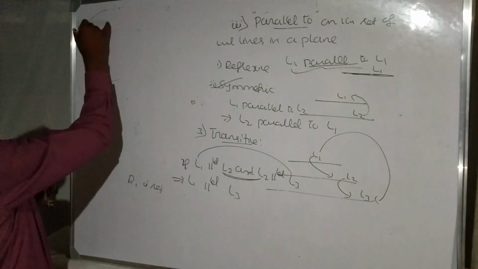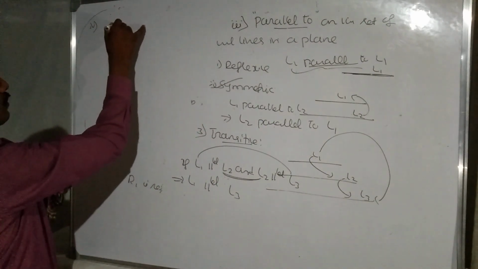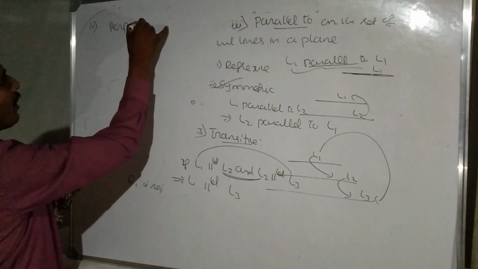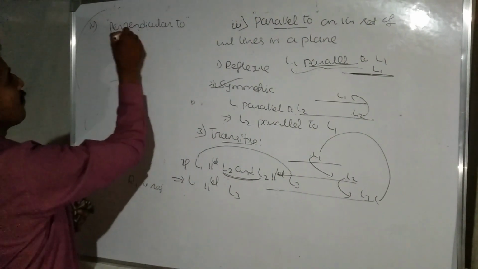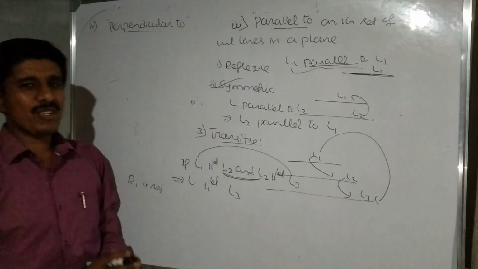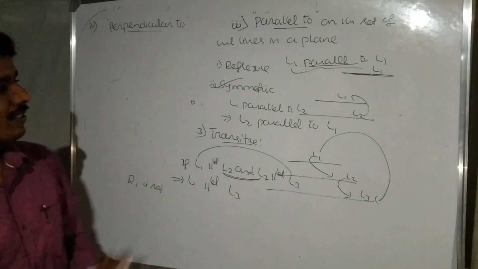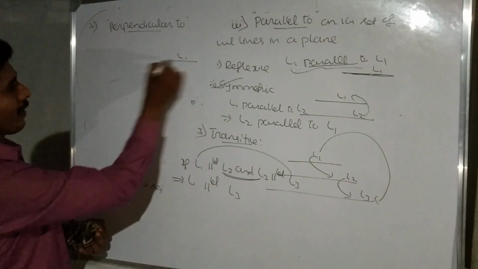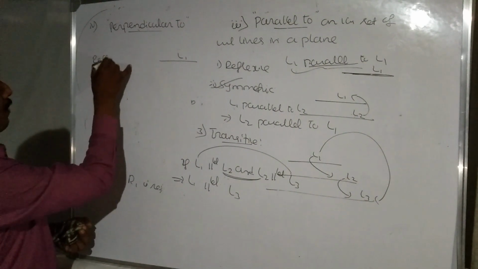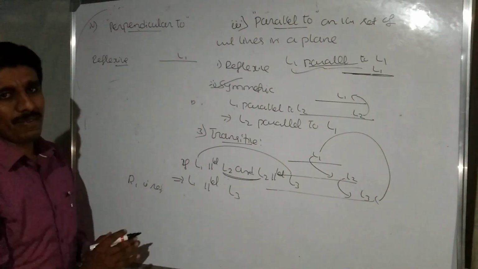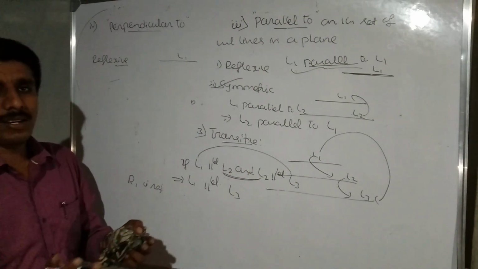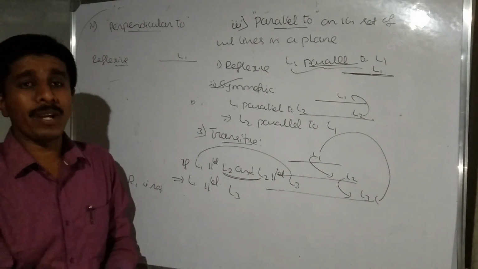Suppose if we take perpendicular to relation on the set of all lines in a plane. Here L1 line I am taking. What about reflexive? Is it reflexive or not? Any line is parallel to itself, but any line cannot be perpendicular to itself.